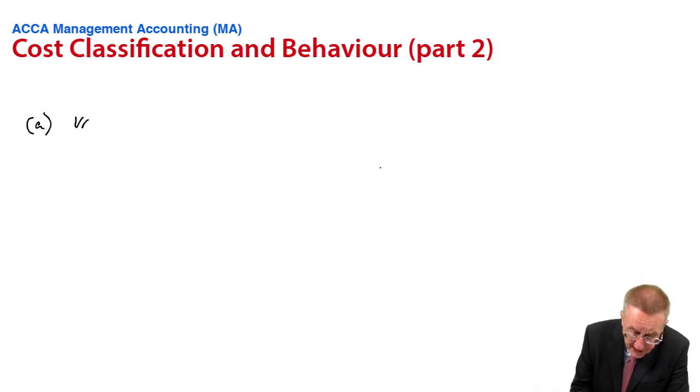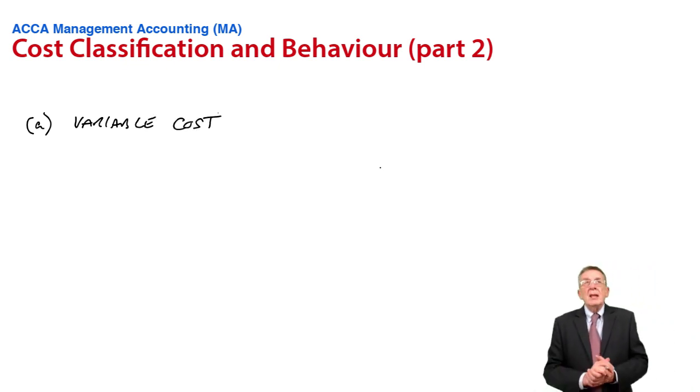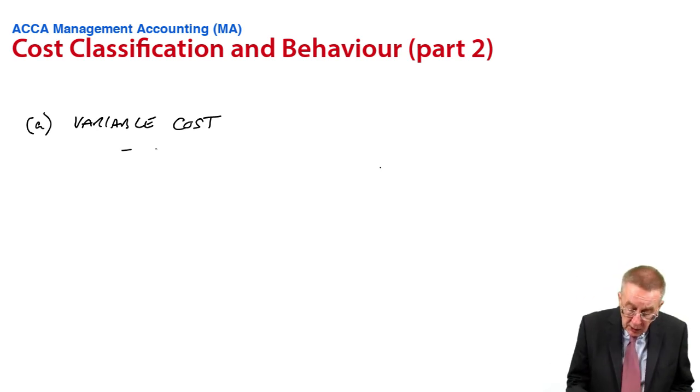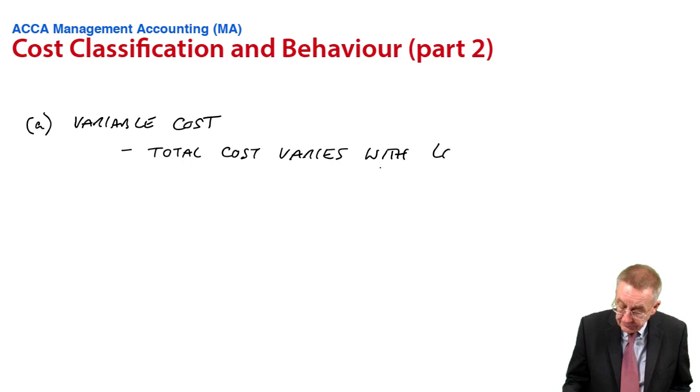First of all, a variable cost. What I mean by a variable cost is where the total cost varies with the level of production.